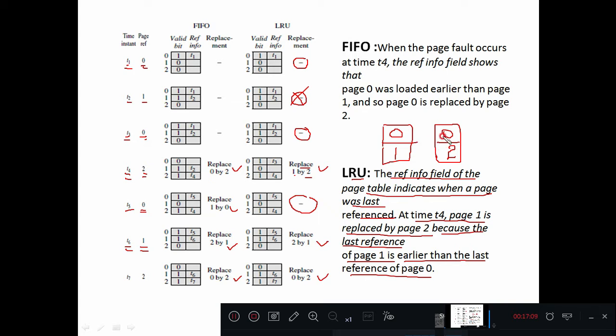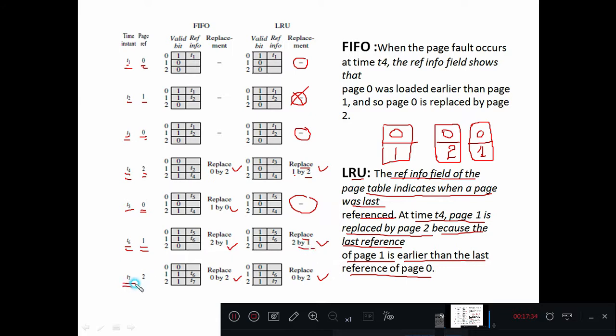No, right? So which page is less frequently used? Here again we are using 0. That means 0 is more frequently used, 2 is less frequently used. So the virtual manager will replace page 2 by 1, right? So replace 2 by 1.